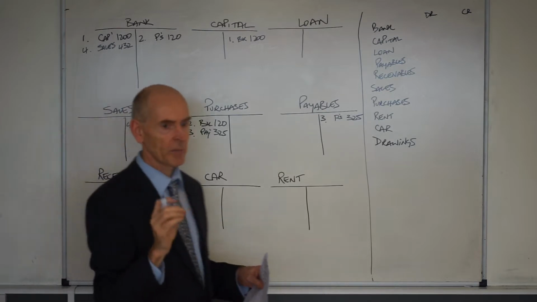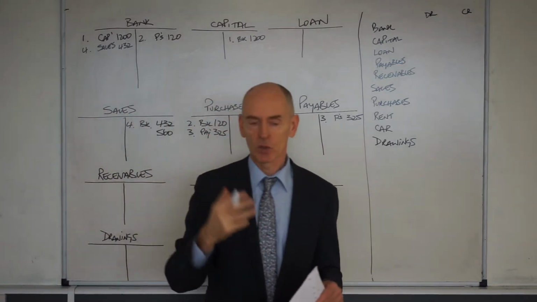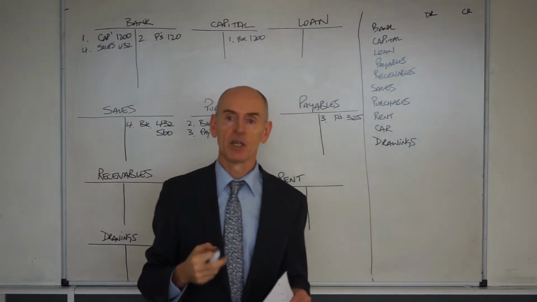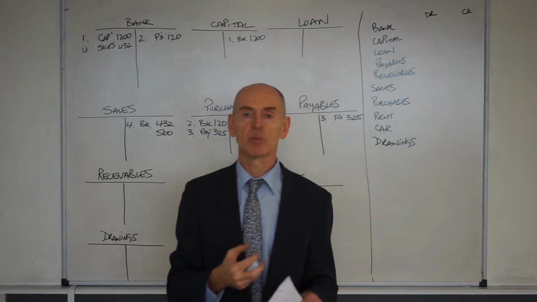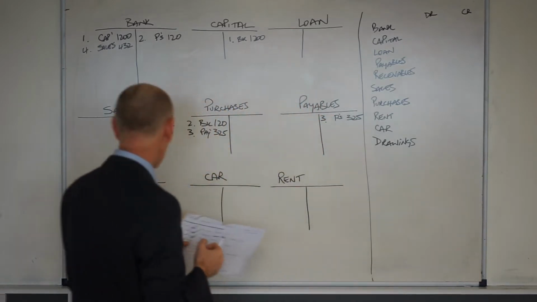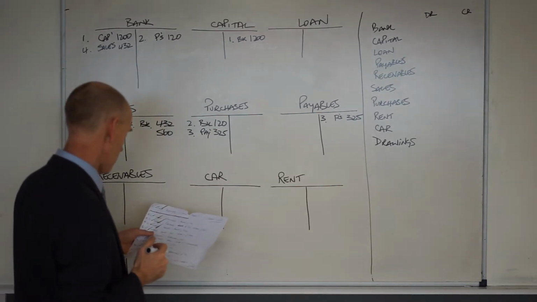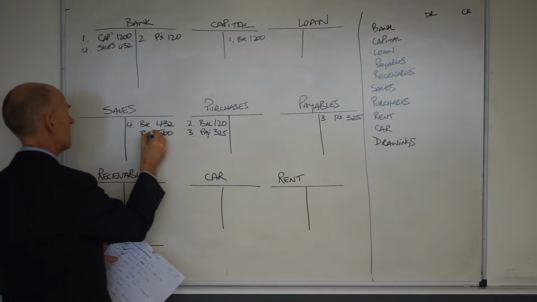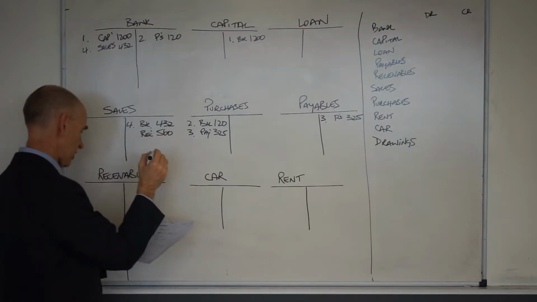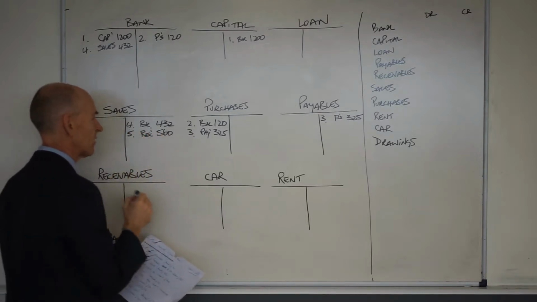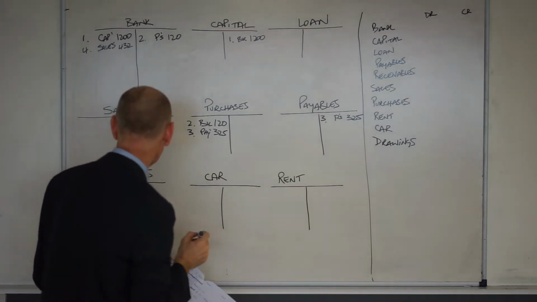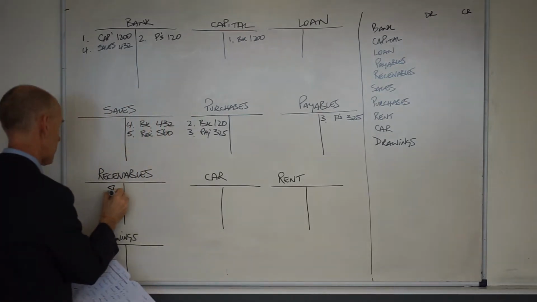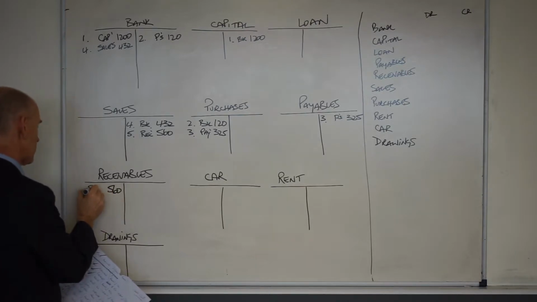All right, so it's quite important to get used to the idea we record the income even before we've had the cash. We've got a contract, and it's reasonable to record the income. So we record the income, £560, it's receivables, and it's transaction number 5. Receivables are an asset. £560 debit then, and sales and transaction number 5.